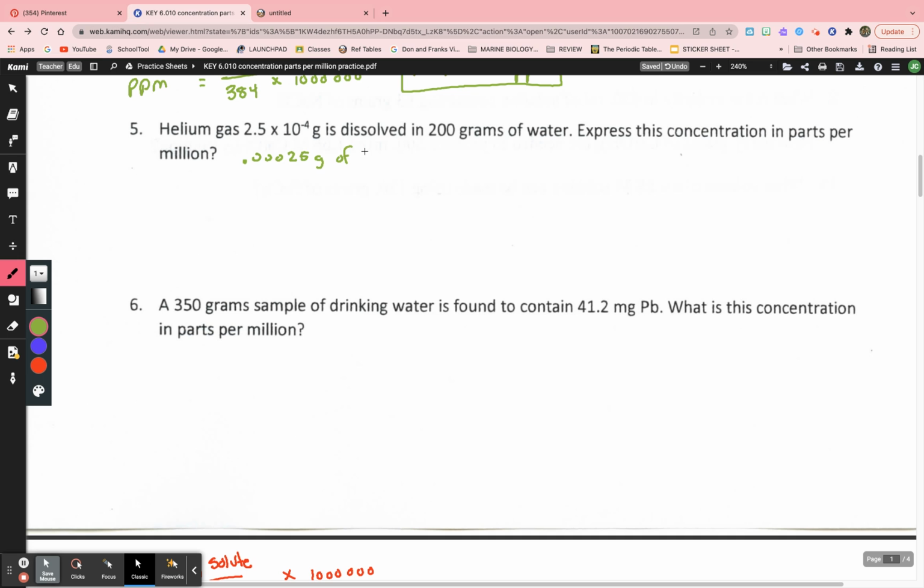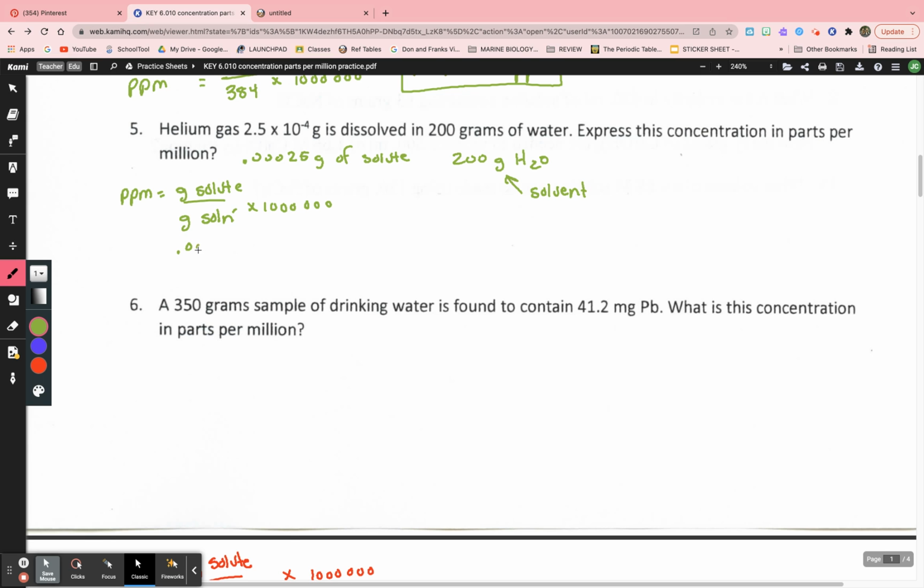Grams of helium gas. So that's my solute. In 200 grams of water. That's my solvent. What is it in parts per million? So let's put our formula down. Grams of solute over grams of solution times a million.